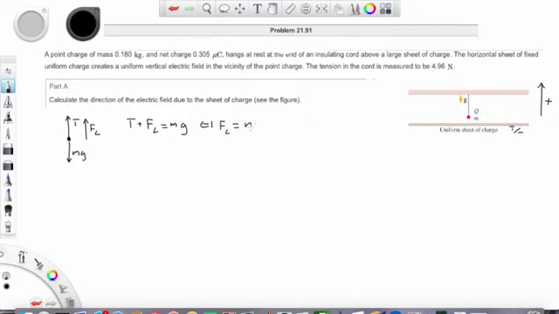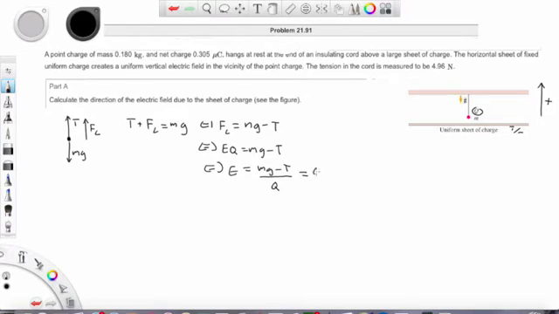Fc, Coulomb's force, equals mg minus T. And the Coulomb force, as always, can be expressed as the product of the electric field and the test charge, in this case charge Q. This equals mg minus T. Solving for E, we get mg minus T divided by Q.